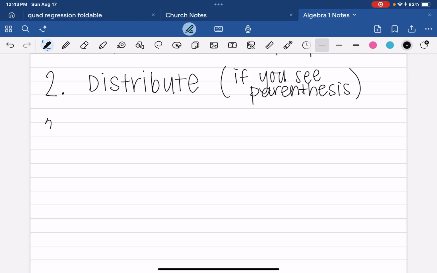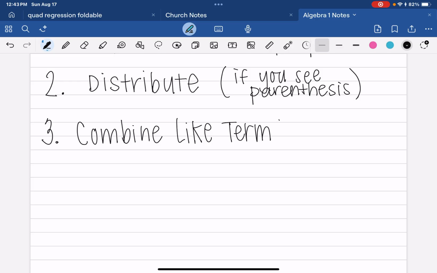So step 3 is after you distribute, again like expressions, you are going to combine like terms. And this is on the same side.